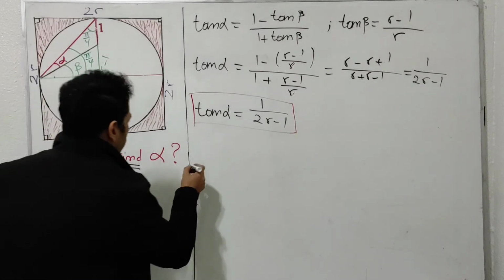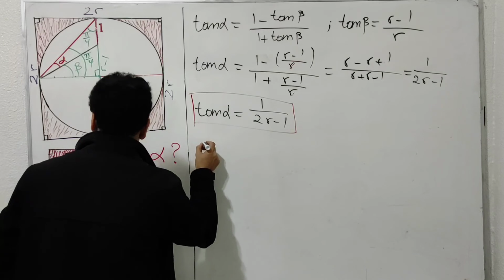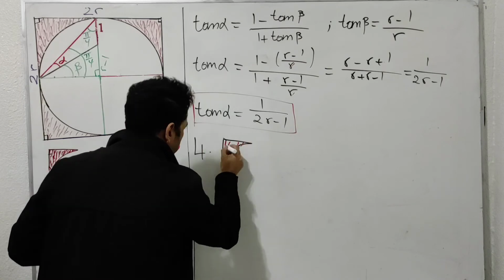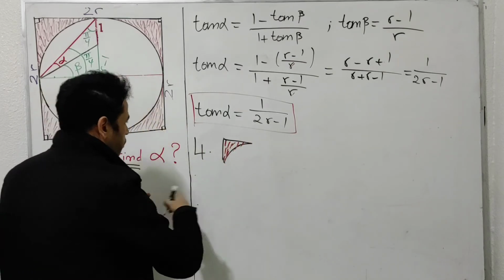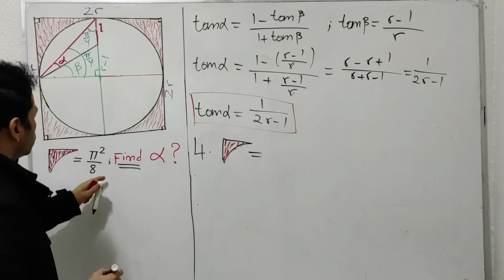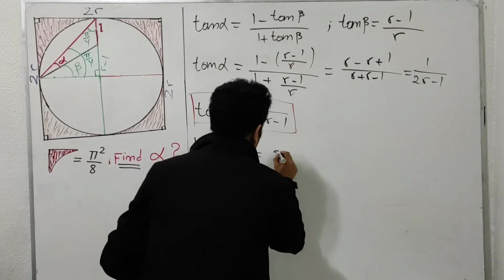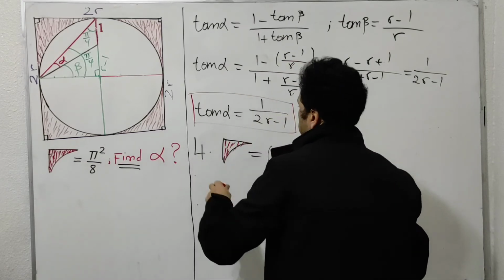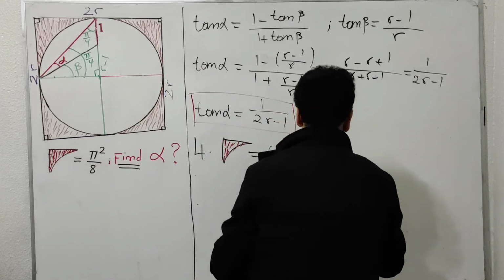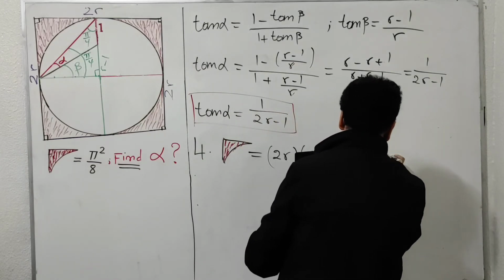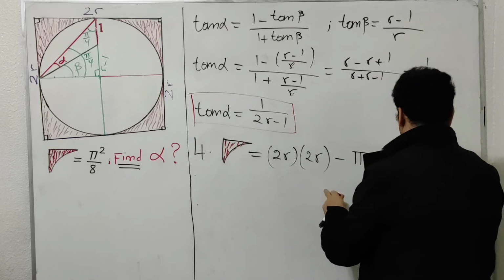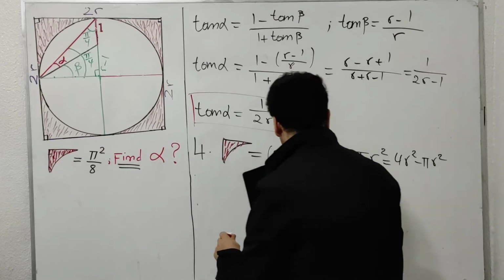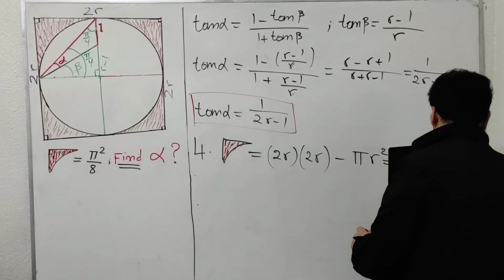So now 4 times this one equals the area of this square, which is 2r multiplied by 2r, minus the area of this circle, which is pi r squared. So I will get 4r squared minus pi r squared.